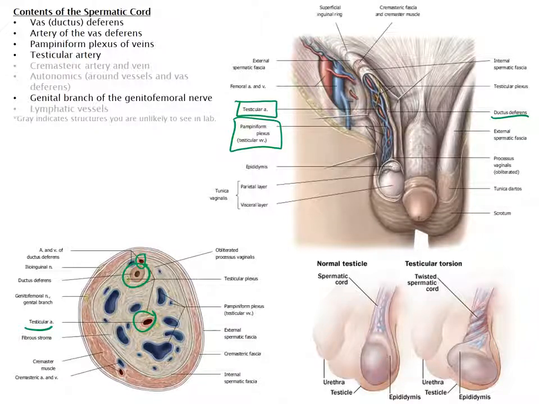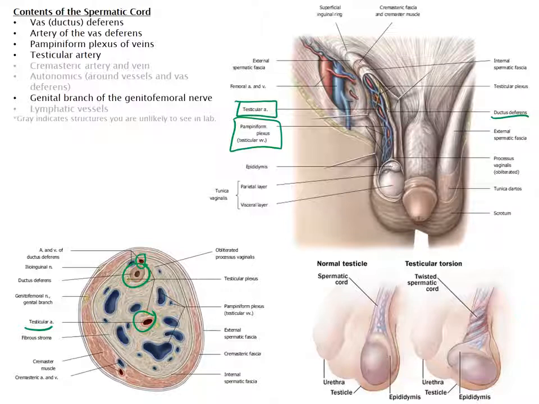These next structures that are grayed out are really small, so I doubt that you'll be able to find these in lab, but nonetheless, they are contained within the spermatic cord. These structures include the cremasteric artery and the autonomics to the region, so there are sympathetics going down to the spermatic cord and coursing within the cord itself for the vasculature.